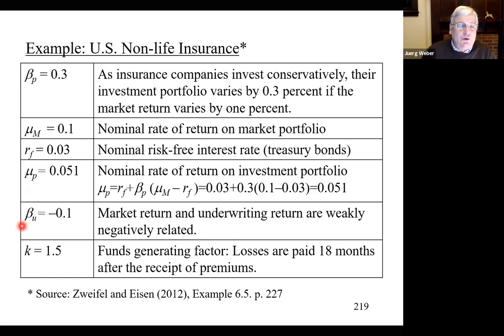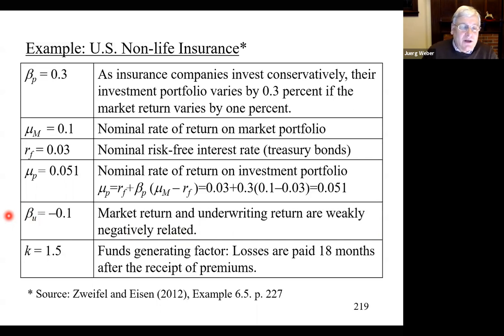Now the beta U, again, you have to look at the data here, shows us that the market return and underwriting return are only weakly correlated, weakly negatively correlated. So this actually means that the underwriting business is a good hedge.